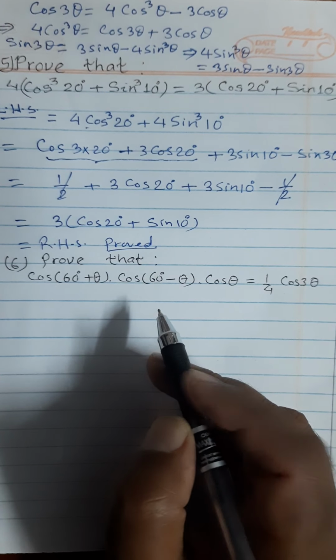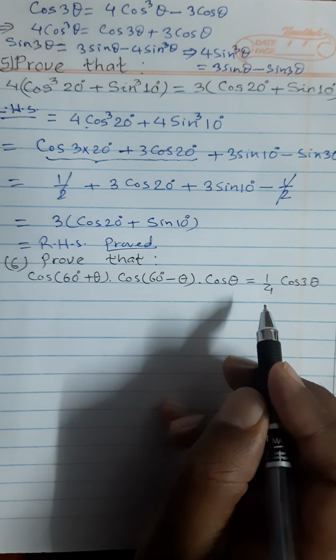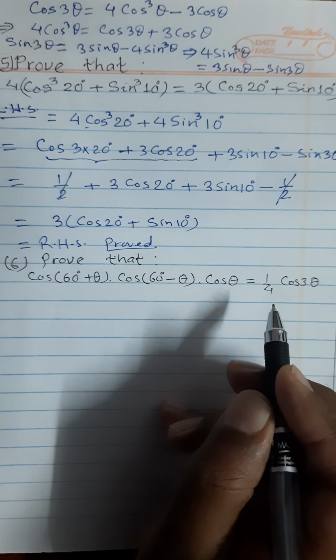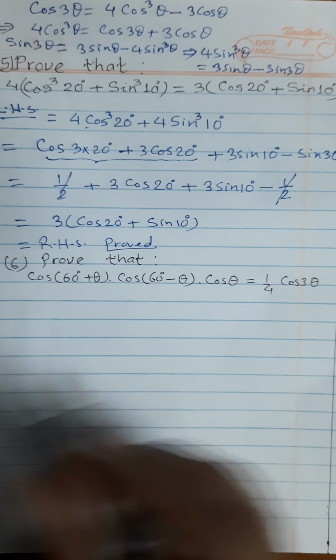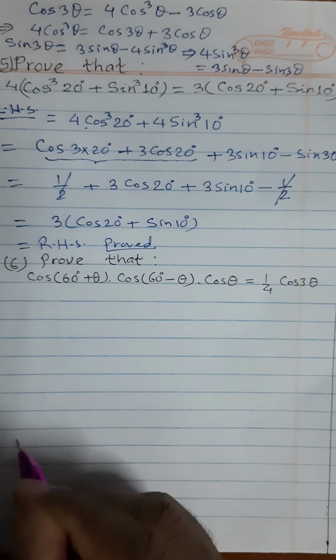Cos 60 degree plus theta, cos 60 degree minus theta times cos theta equals, we have to prove, 1 over 4 cos 3 theta. All right. So in this also, let's begin from the left hand side.